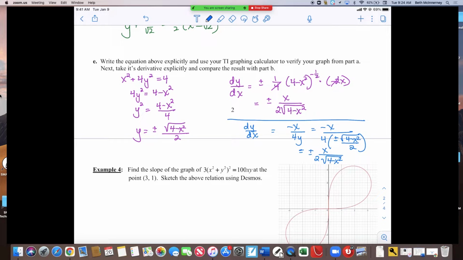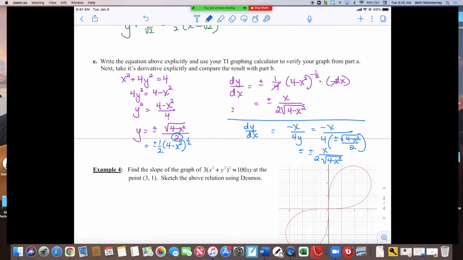On the top right-hand side, plus or minus 2 over 4, how do you get 4? Oh, do you see here's a 2, and then I brought down the 1/2. I'll put the step in. Sorry about that. So watch. This is 4 minus x squared to the 1/2 power, and let me pull that 2 out.